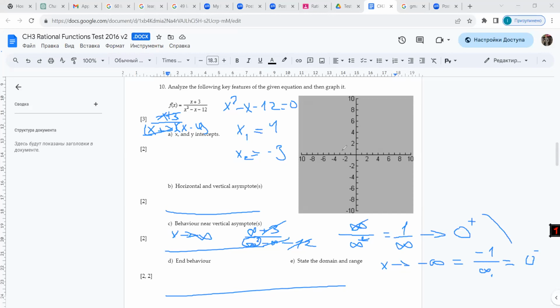So I believe if you have -1 over 4 vertical asymptote here, like that, and x equals -3, I believe it's going to be dot discontinuity, and you have horizontal asymptote y equals 0. So what you're supposed to see here, we also have y-intercept.